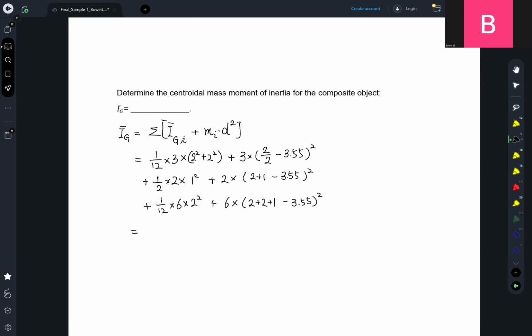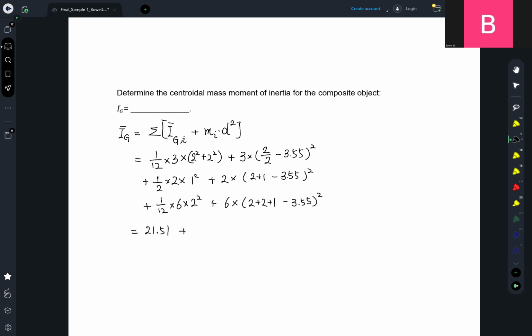Then with the parallel axis theorem, we have 3, the mass of the first part, times the square of the distance between the center of mass of each part and the center of mass of the object, and for the first part we have 21.5.